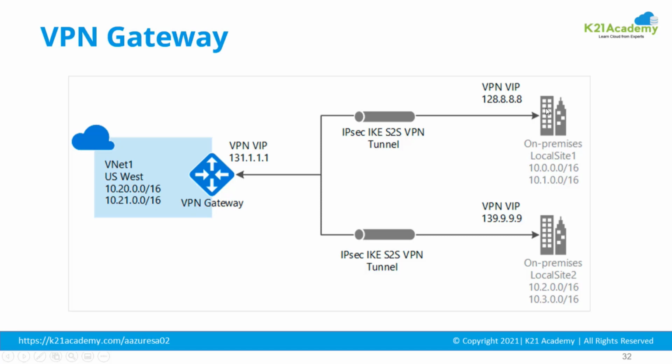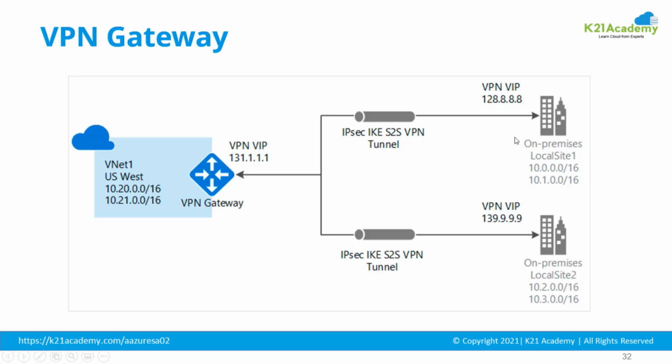There'll be a VPN device at the customer side, and there's another VPN device which you create with something called VPN Gateway that you configure on Azure cloud. One end of this VPN gateway will be talking to Azure, and the other end will be talking through this VPN tunnel to the VPN device that represents on-premise.